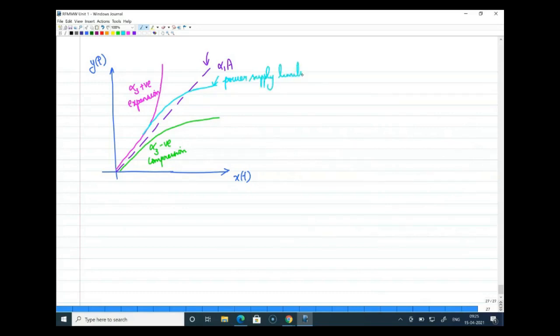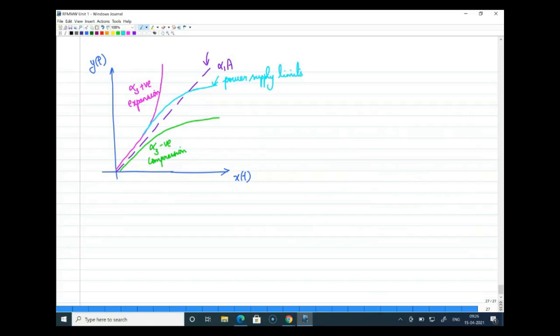Ultimately any circuit will have to follow a compressive nature, because we are not working with an infinite power supply. We are working with a finite, regulated, small power supply. So even if a circuit shows an expansive nature, it has to compress ultimately.